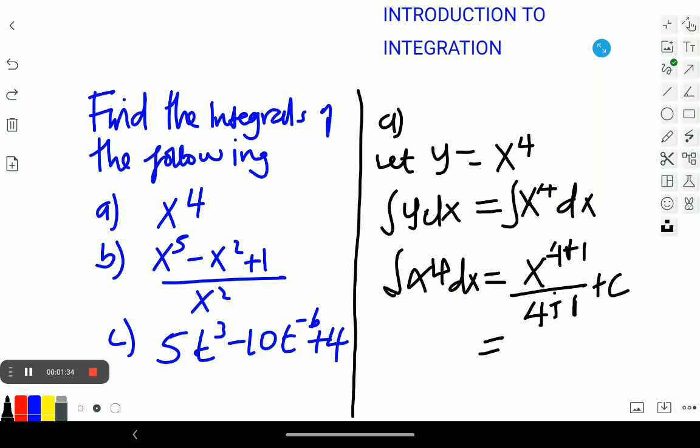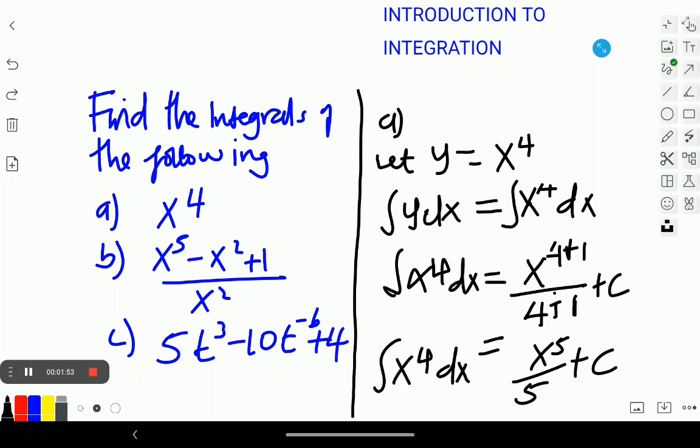The final answer will be, 4 plus 1 is 5, x power 5 divided by 5, then plus c. This is the solution of the integral of x power 4 dx.